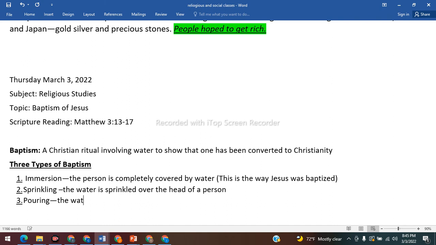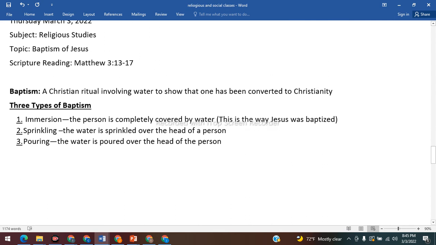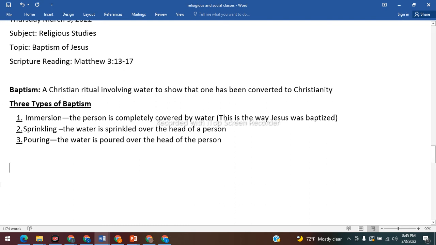The water is poured over the head of the person. Now, pouring and sprinkling usually happen in Catholic churches, and they do that to infants, right?